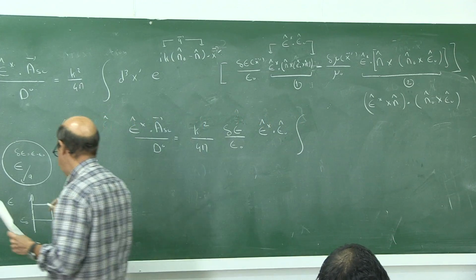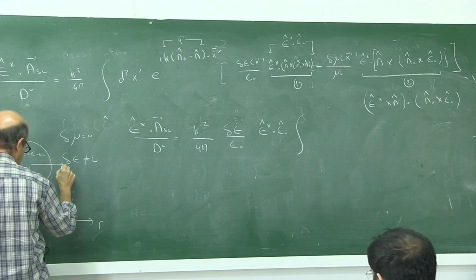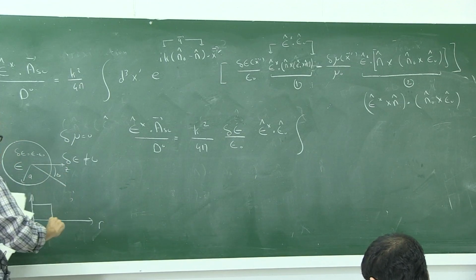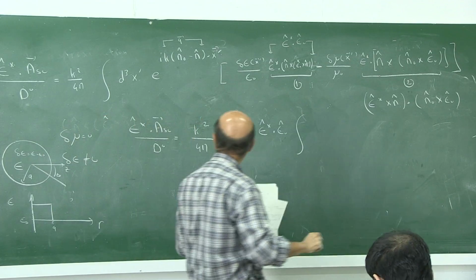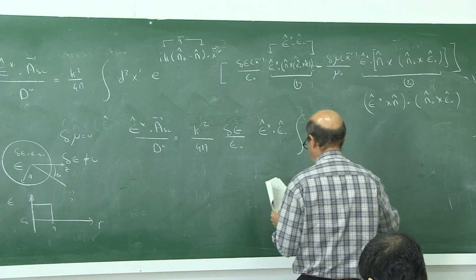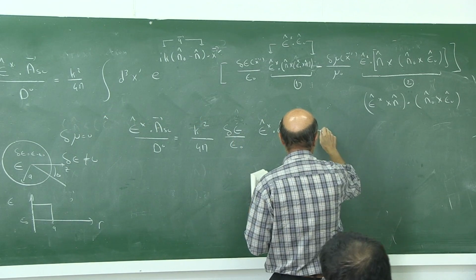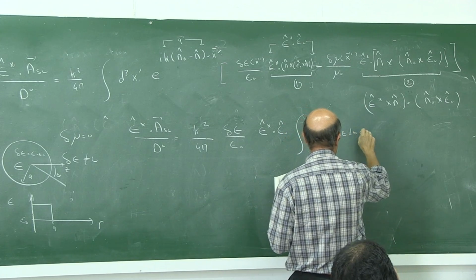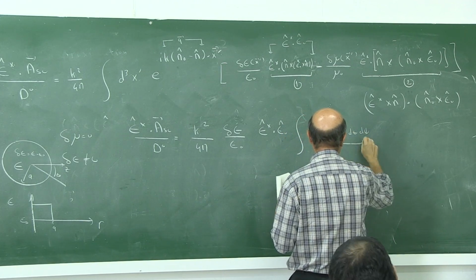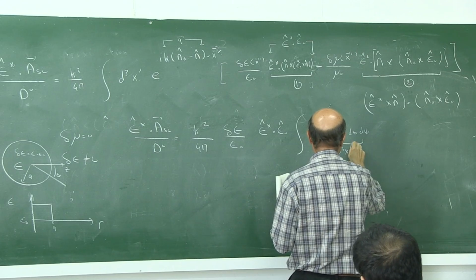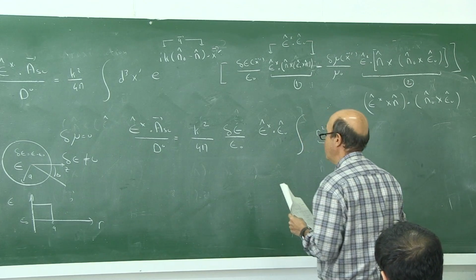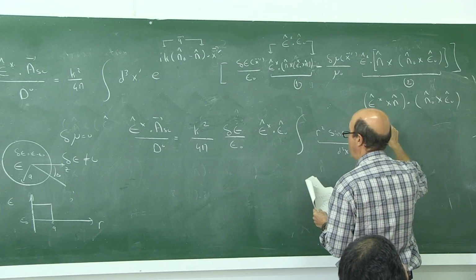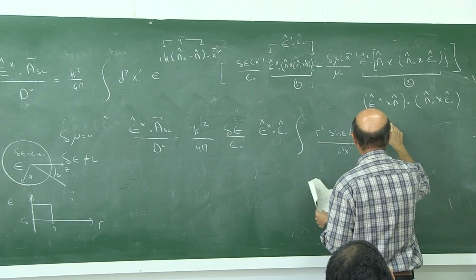So let's say that this is the z-axis, and this is some theta, the angle from z. So your integral will be what? r square sine theta d theta d phi. This is the volume element. You can say in terms of primes or unprimes. And e to the i q dot x prime.